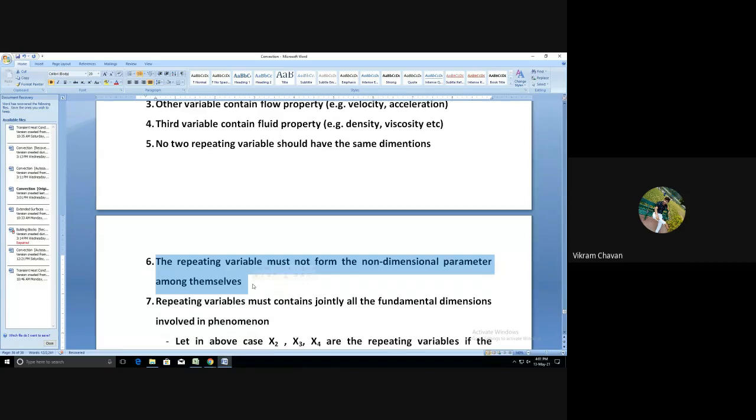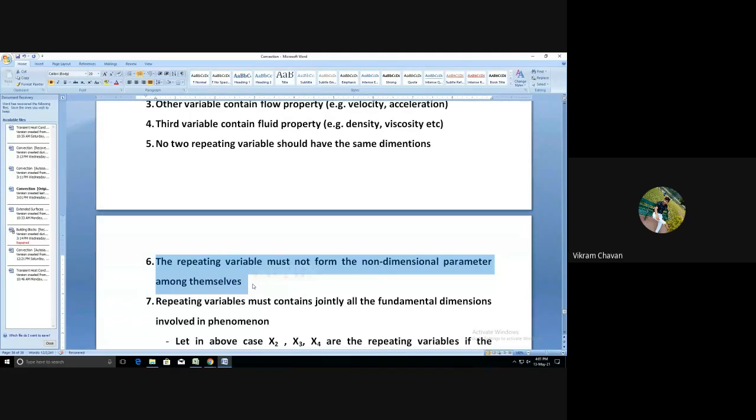So the repeating variables must not form a non-dimensional parameter among themselves. Non-dimensional or dimensionless number should not be formed by the selected repeating variables.